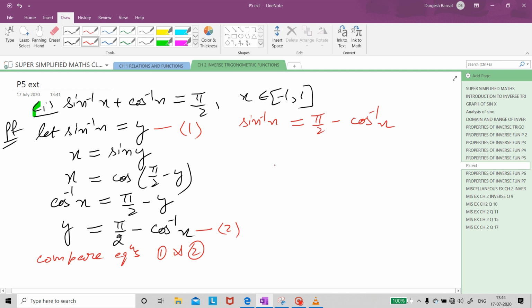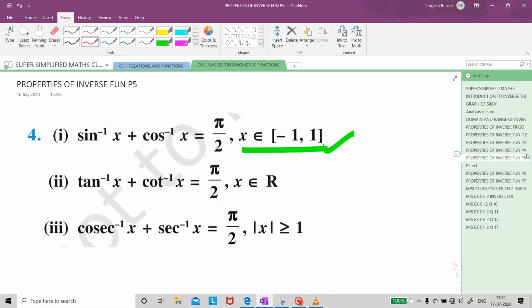Since both of them are values of y, they should be equal, and this gives you, students, that sine inverse x plus cos inverse x is equal to pi by 2. This is how you prove your property.